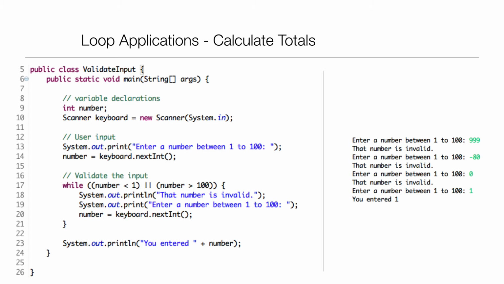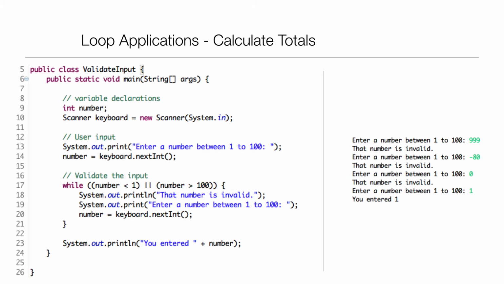Looking on the right hand side, this is the console output and the input. When I did a test run, it said enter a number between 1 and 100. I entered 999. Number is less than 1? That's false, because 999 is not less than 1. Number is greater than 100? That is true.